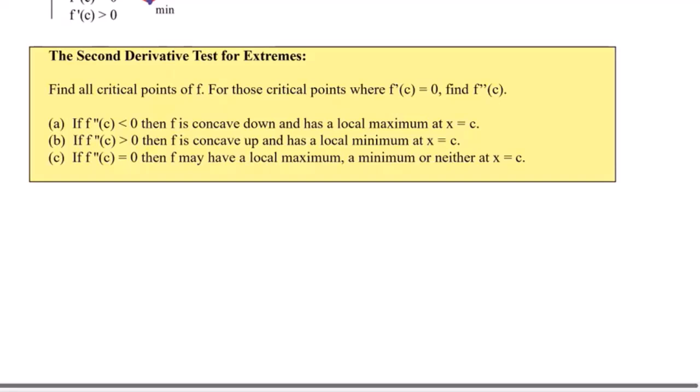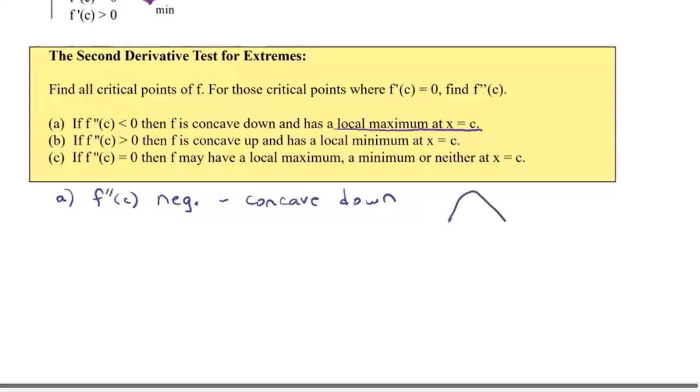If the second derivative is negative, so A says if f double prime at some value is negative, then it's concave down, and it has a local maximum.